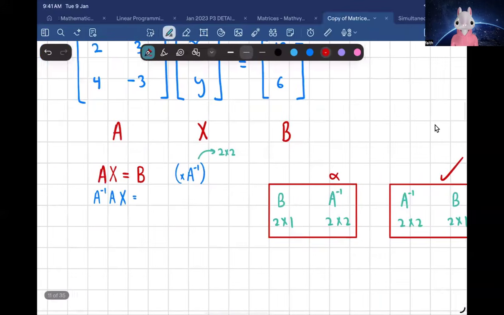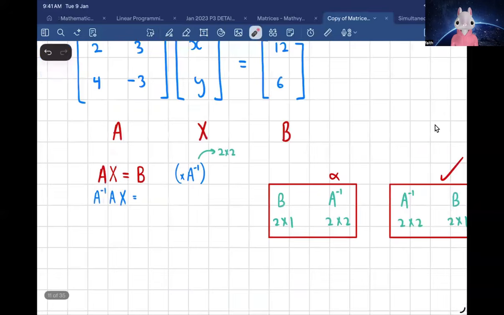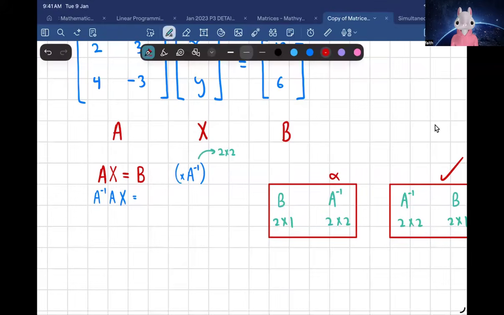In the exam, you are going to be tempted to write B by A inverse. No, that is very wrong. Don't do that. You have to write A inverse B, otherwise you're going on Santa Claus's naughty list. It is A inverse B.